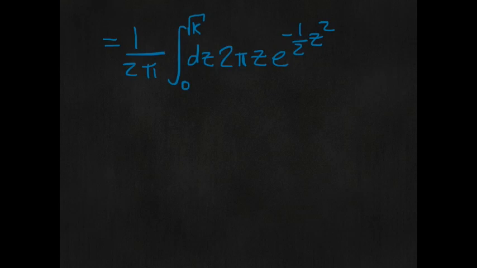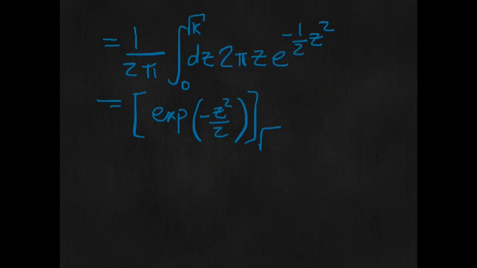That is an integral we can just do in our heads. This is equal to e to the minus z squared over 2 from root k to 0, which is equal to 1 minus e to the minus k over 2.